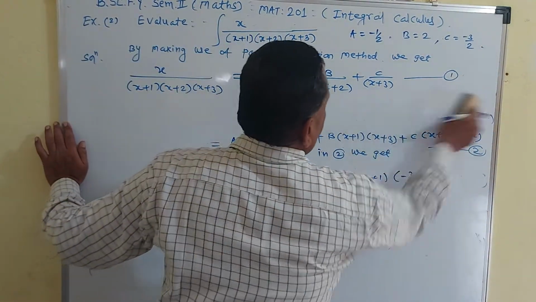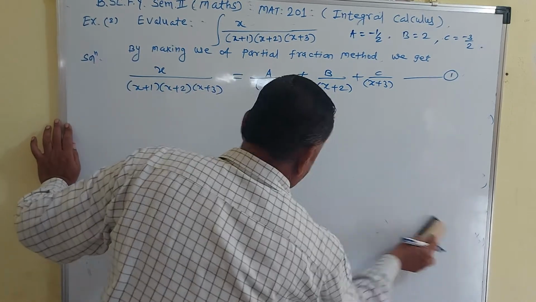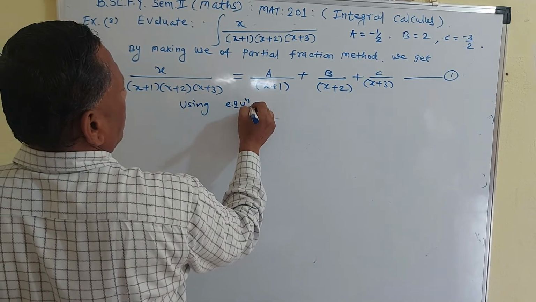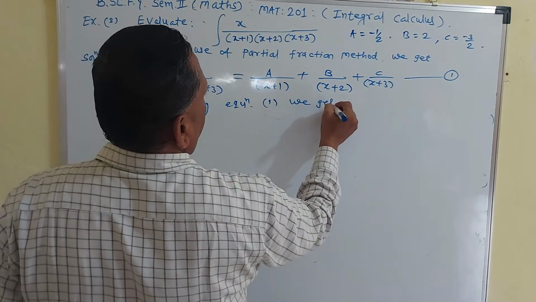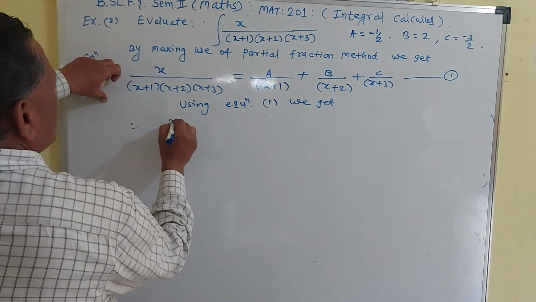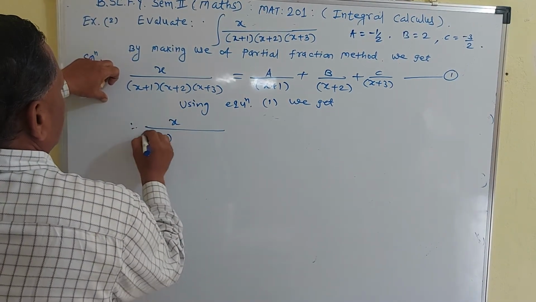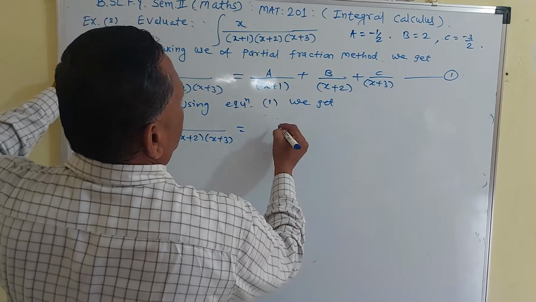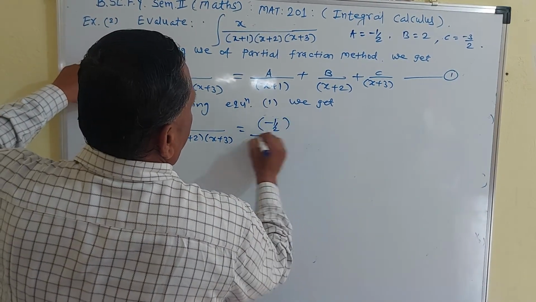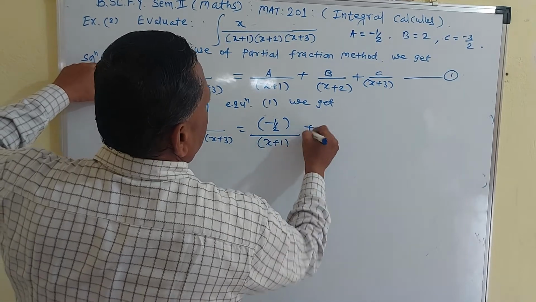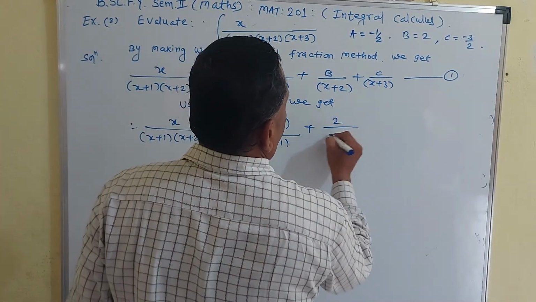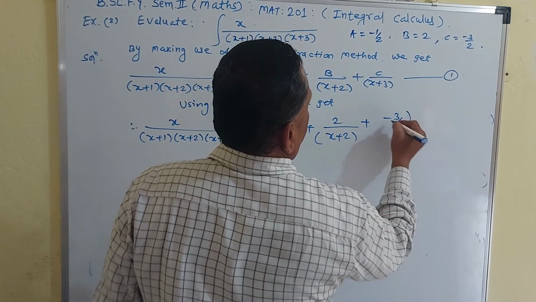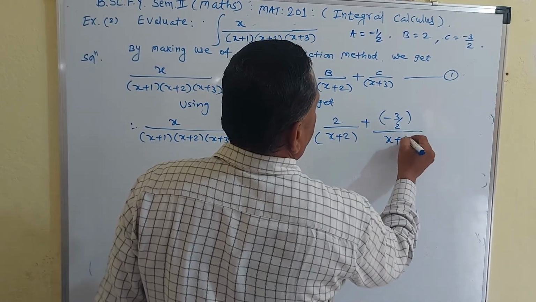Using equation 1, we get x upon x plus 1 into x plus 2 into x plus 3 is equal to, the value of a is minus 1 by 2 upon x plus 1, then plus the value of b is 2, 2 upon x plus 2, and plus c is minus 3 by 2 upon x plus 3.